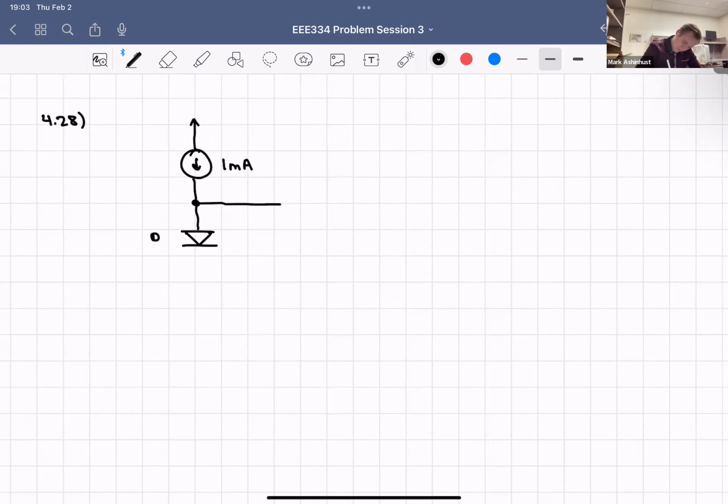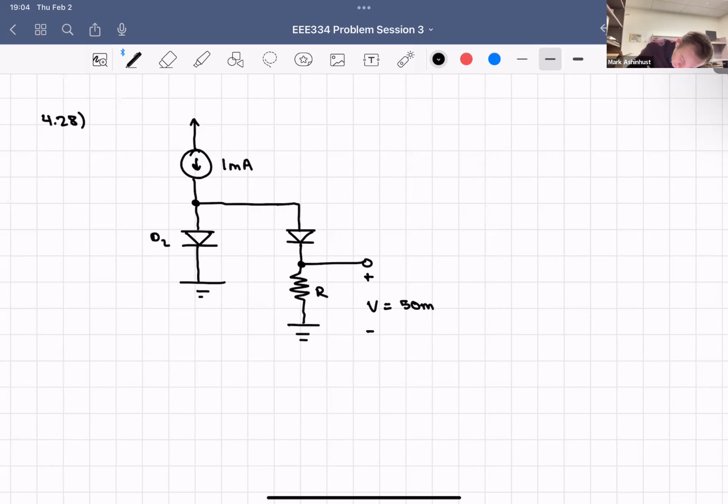We'll name this D2. And then we'll name this one D1. This one, D1 though, has a resistor that goes to ground, and then we have our V, which will take over the resistor, and the resistor R. The question here, though, is we're trying to find what R has to be given that V equals 50 millivolts.